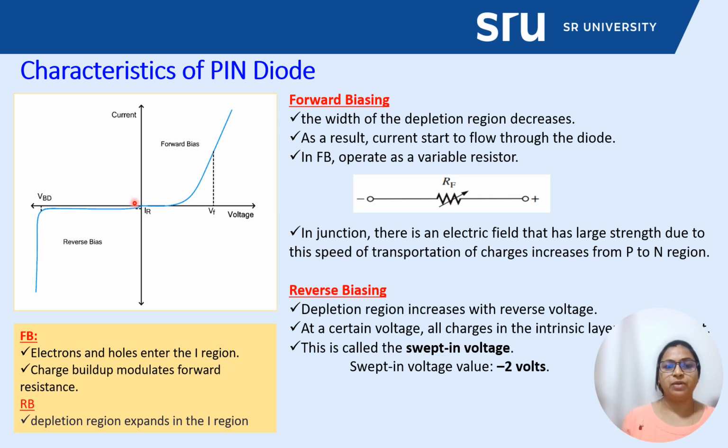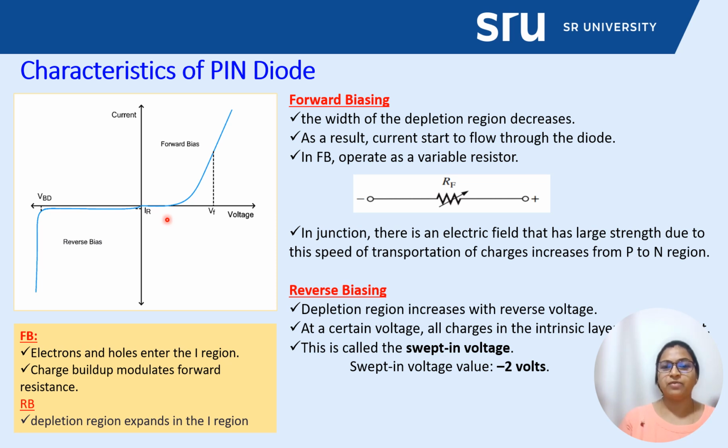So basically the sweep-in voltage for this PIN diode is around -2 volts. And since in this reverse bias the voltage pulls carriers away, widening the depletion region across the intrinsic layer, it blocks current, and the P and N layers store charge like capacitor plates. So the intrinsic layer of the PIN diode here acts as a dielectric, yielding capacitance.